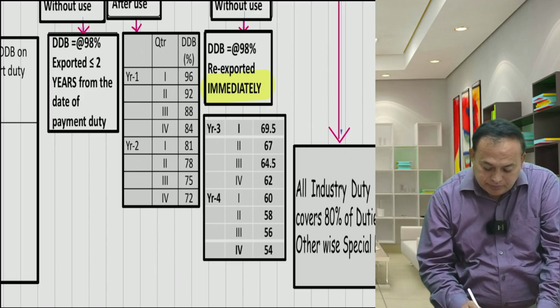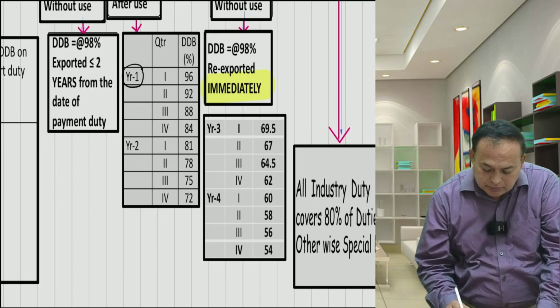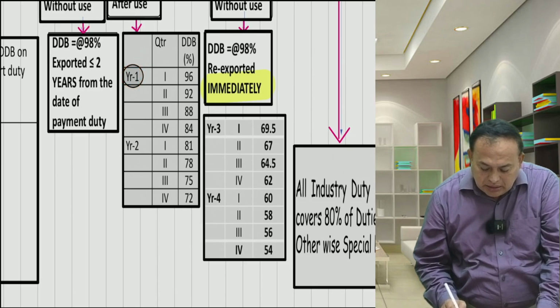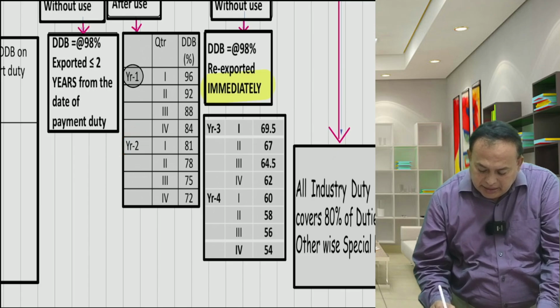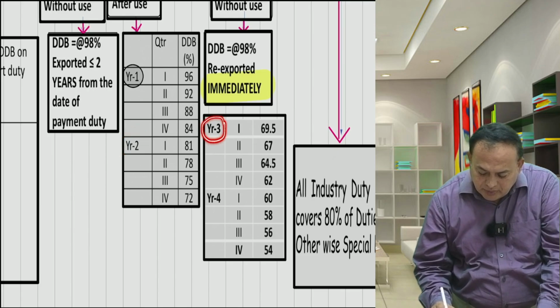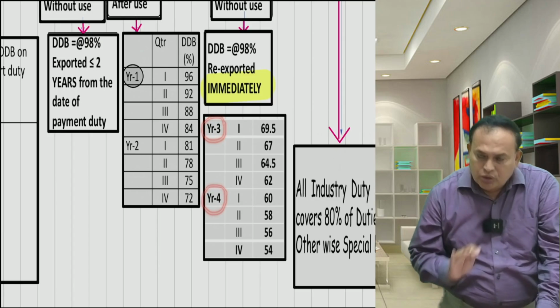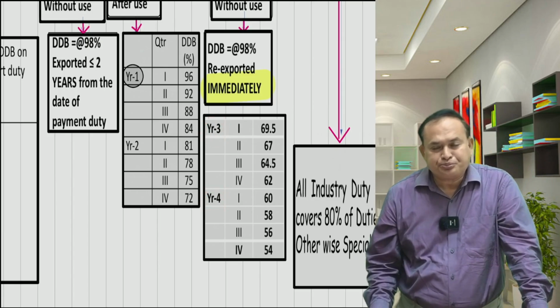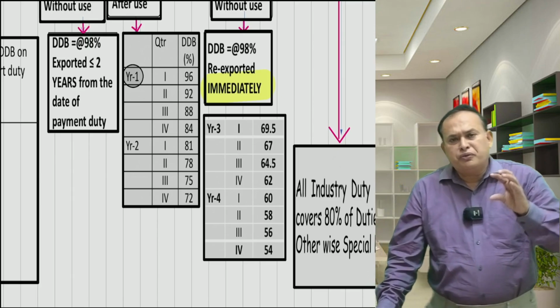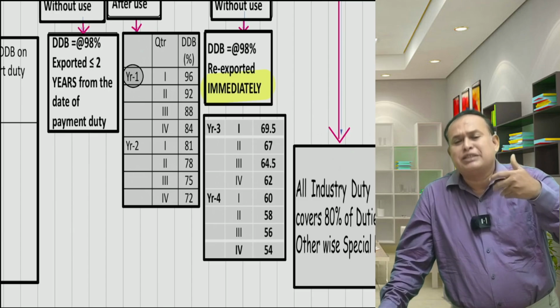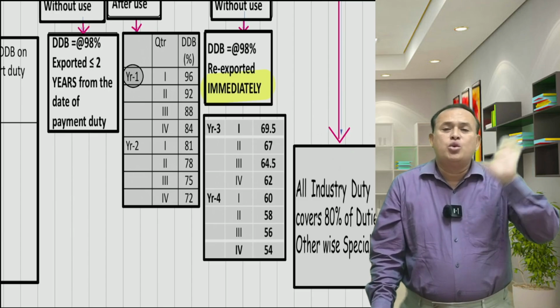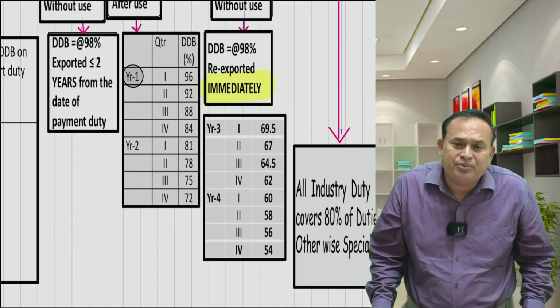year 1, you are aware of that, here year 1 and here year 2, here year 3, year 4. So it is spread over 4 years. For the first 2 years, if you want to export back after use, there is no need of permission from CBIC.